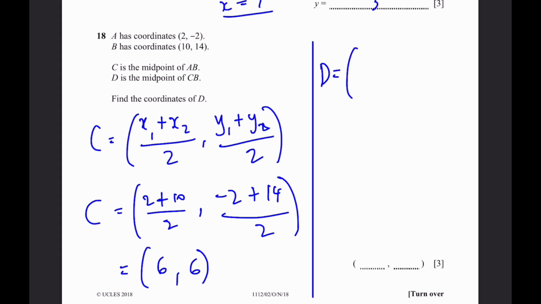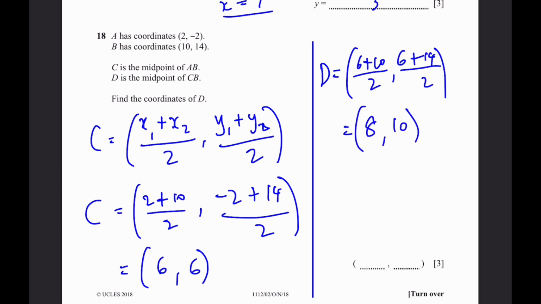That'll be the x1 of C and x2 of B. So it'll be 6 plus 10 by 2, comma, 6 plus 14 by 2. You'll get (8, 10). And that's the coordinates of D, so that's the answer.